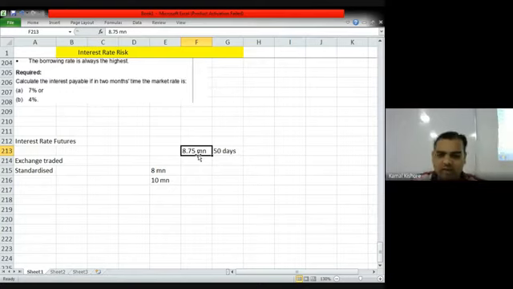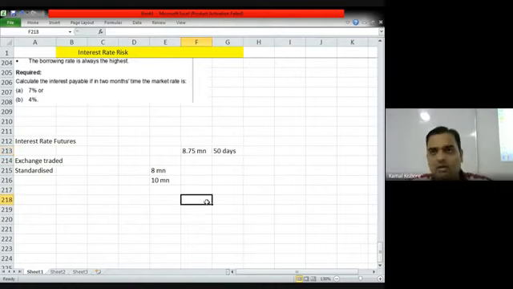First point. Second point, the interest rates, right? The maturity is also a little different, right? So this creates a risk, which you call basis risk.